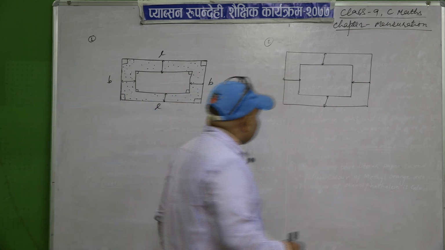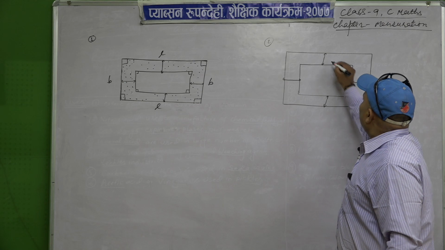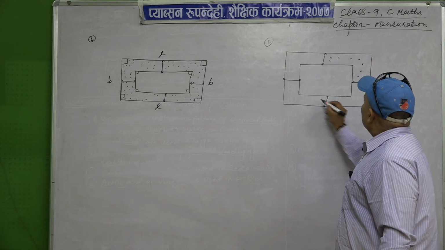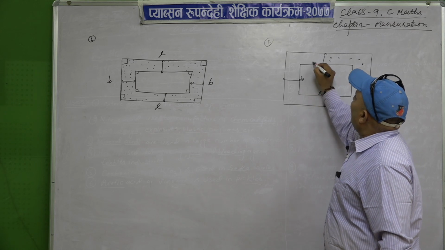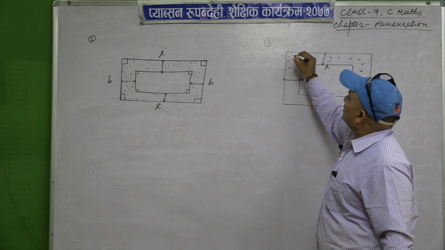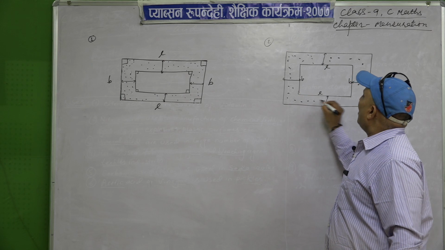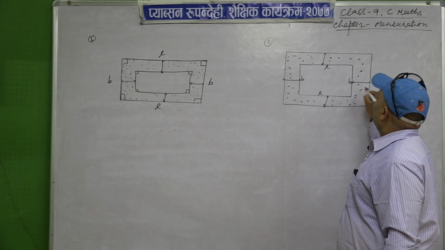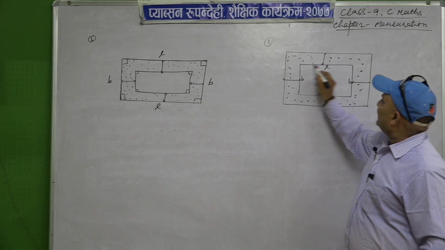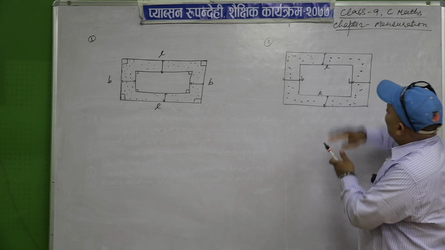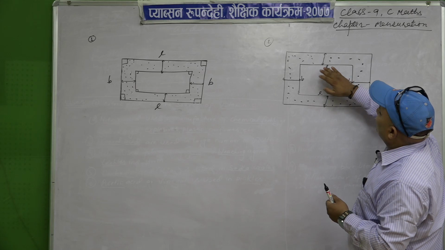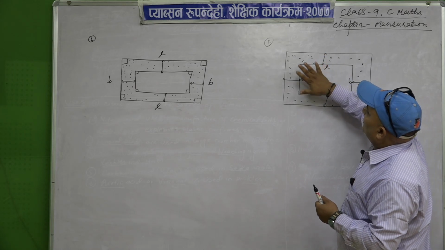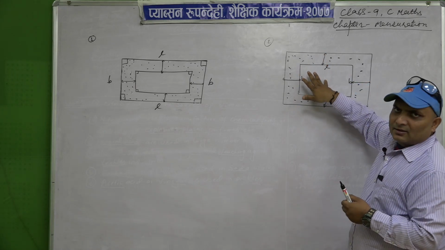But if this length and this breadth is given, at that time this path is called outside the rectangle. When this length and breadth is given, then at that time this path is outside the rectangle. That's why it is called path outside the rectangle.